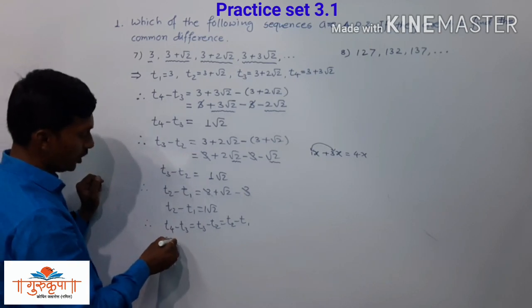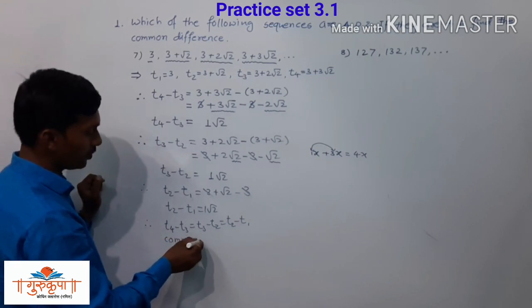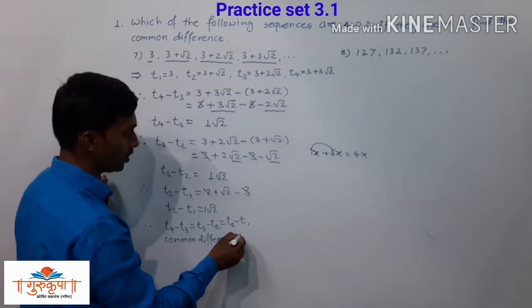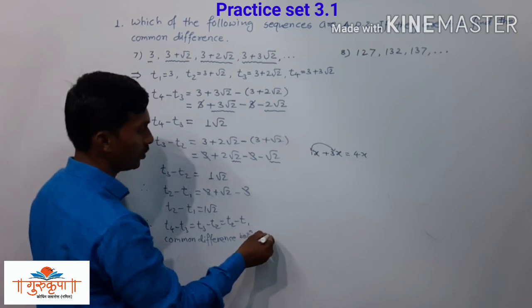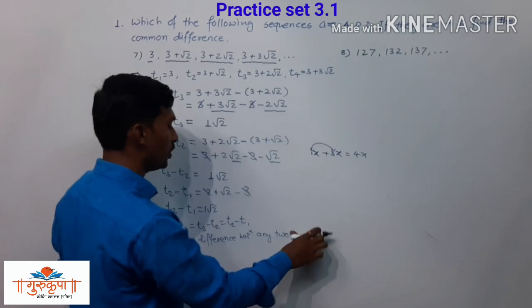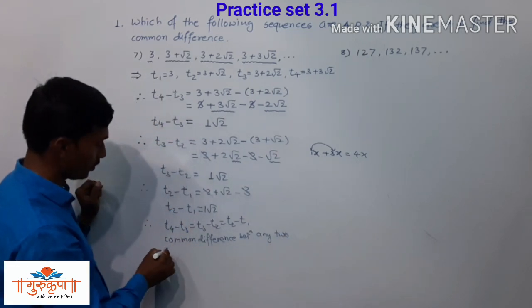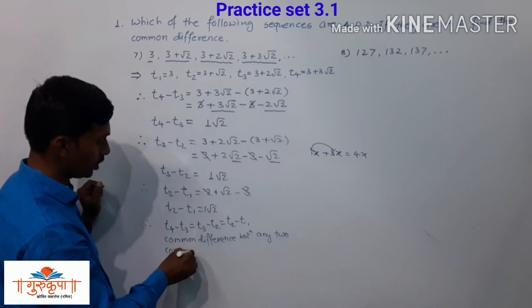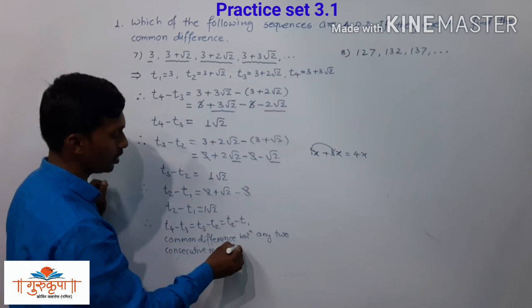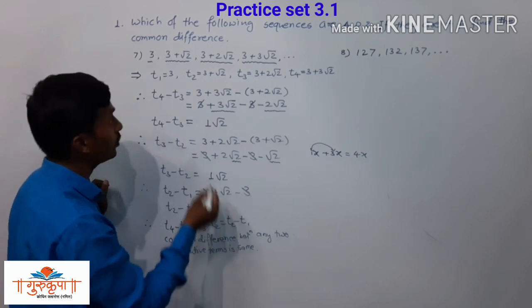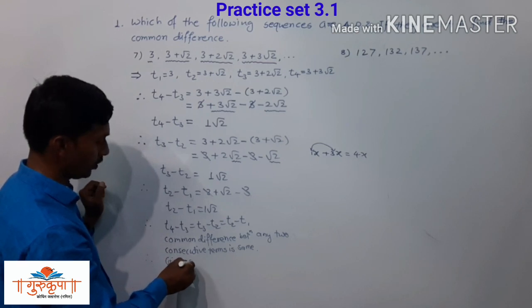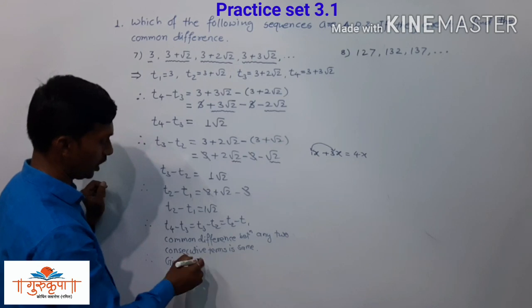The common difference between any two consecutive terms is the same. Therefore the given sequence is an AP.